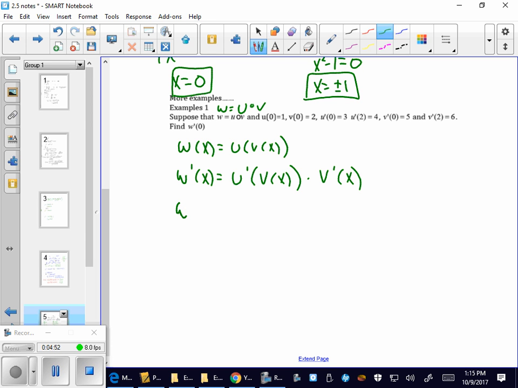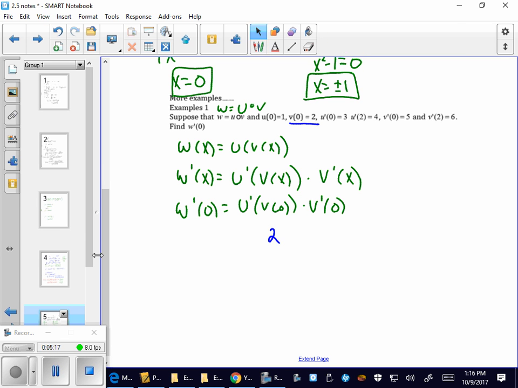So w prime at 0 equals u prime of v of 0 times v prime of 0. Now I can look up my values and start replacing them. You have to work your way inside out here. So v of 0, according to this, is 2.